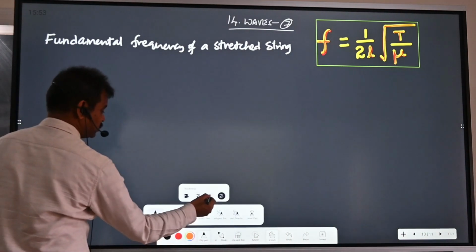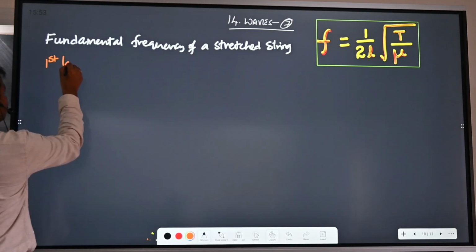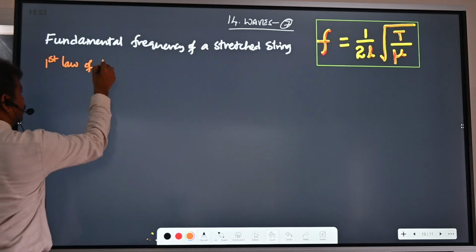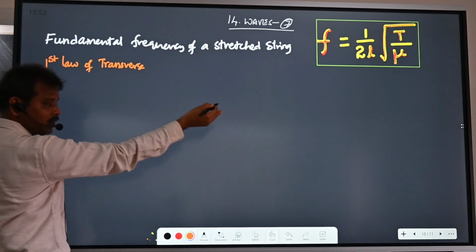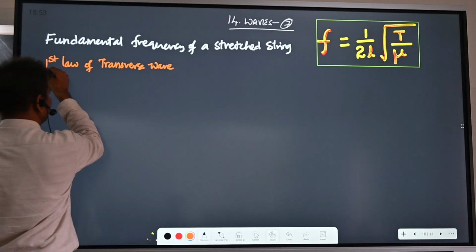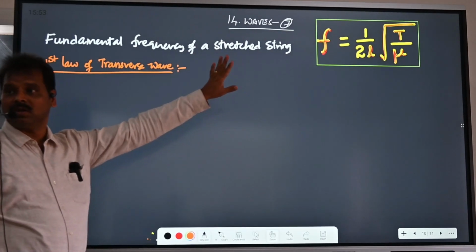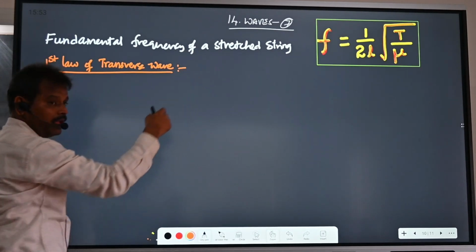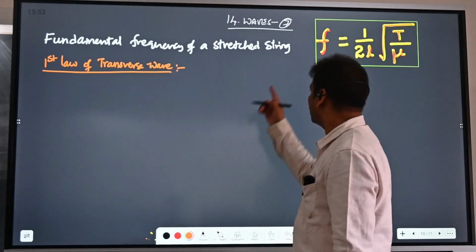So what is the first law of transverse wave? First law of transverse waves on a stretched string. So I'm writing the statement, you just see the statement. What is F there? Is it first overtone, second overtone or fundamental frequency? Fundamental frequency.